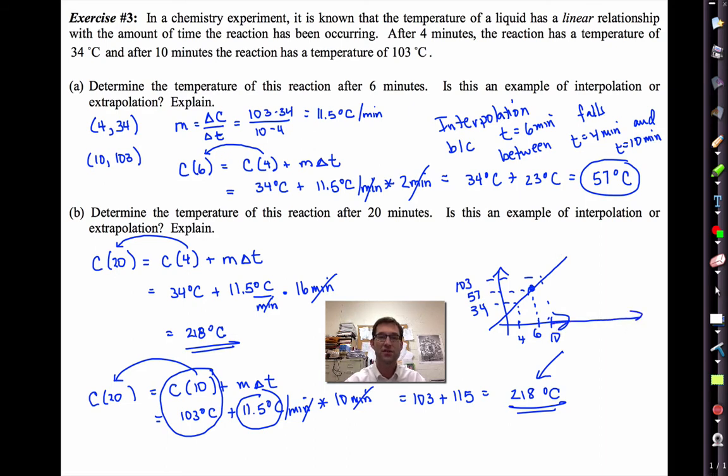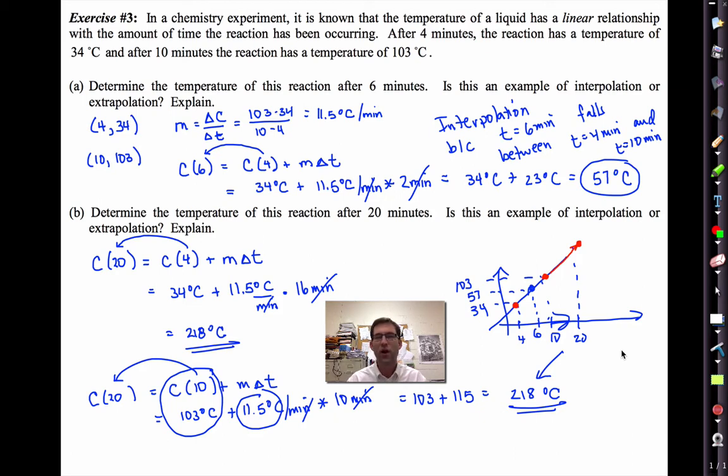So this is extrapolation, because way out here is my 20. I'm taking those two initial points, let me draw them in red, the one at 4,34 and the one at 10,103, and I'm extending the line outward to predict what's happening at 20. It's a lot less dicey to assume that what's going on in between these two is a line.